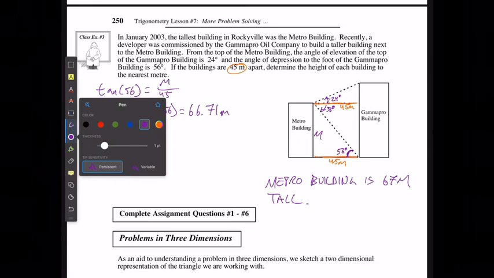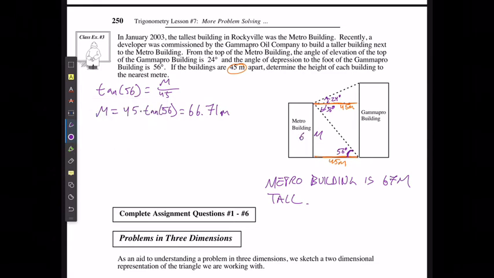And I'm going to put that information in here, 66.71, which means that this height here is also 66.71 meters. Then I need to solve for this additional height of the Gamma Pro building. And once again, I'm going to be solving for the opposite side length using the angle of 24 and the adjacent of 45.